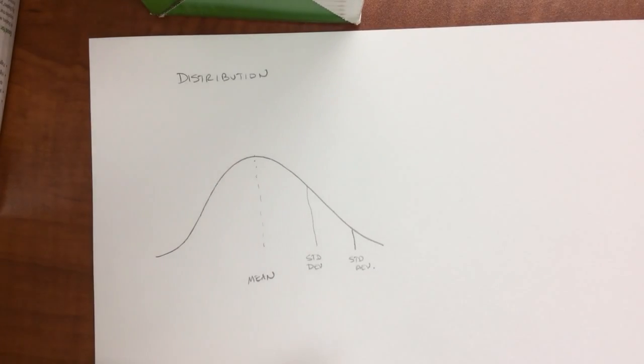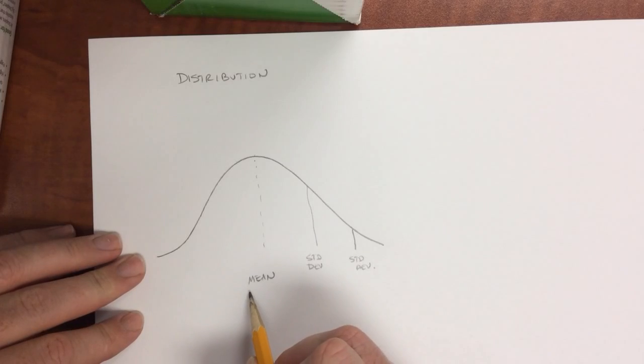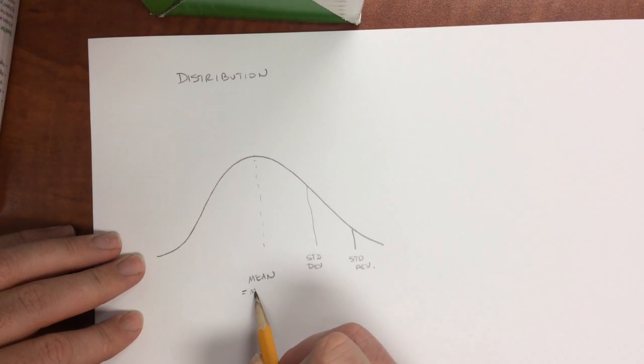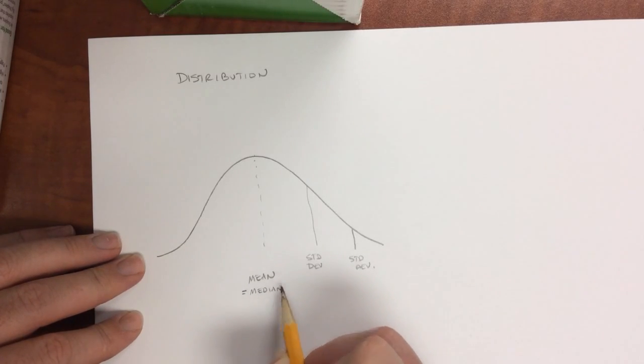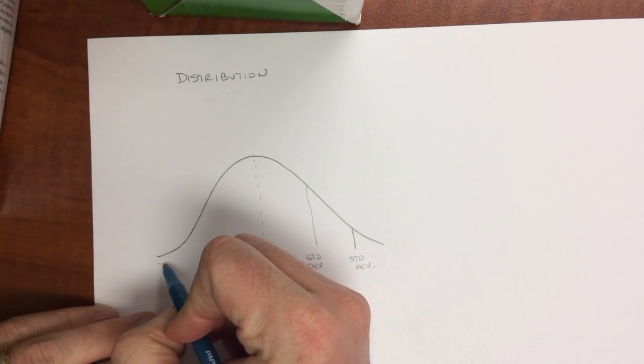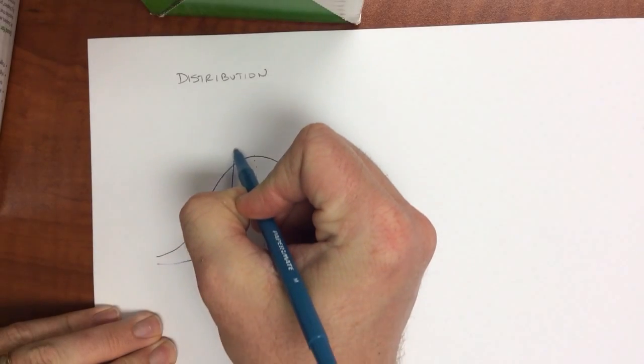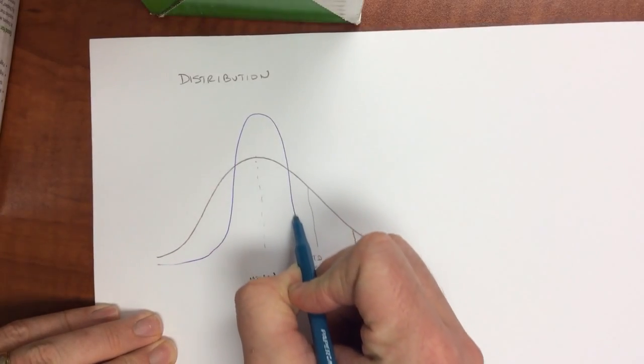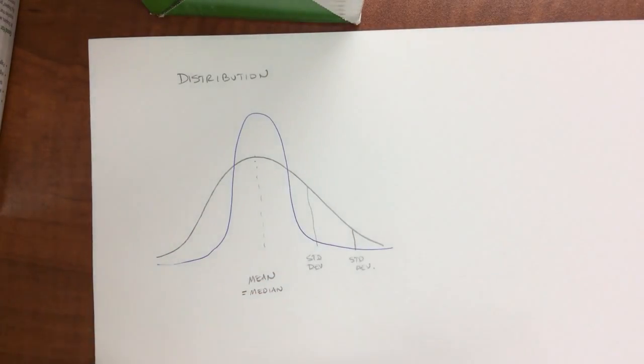Within 1 standard deviation you get 66% of your data. Stuff like that. You call it the bell curve. All that's nice and neat. But with this normal distribution, the mean is equal to the median. All right. Now, I can take a data set that has the exact same mean, but looks very different.